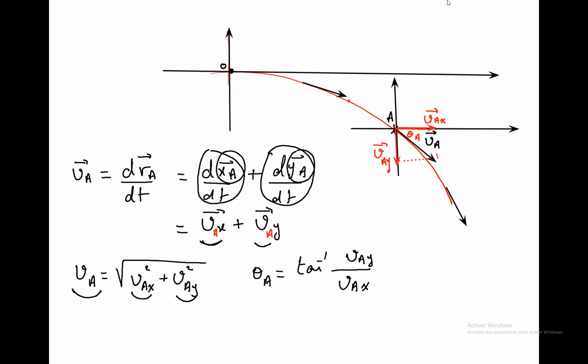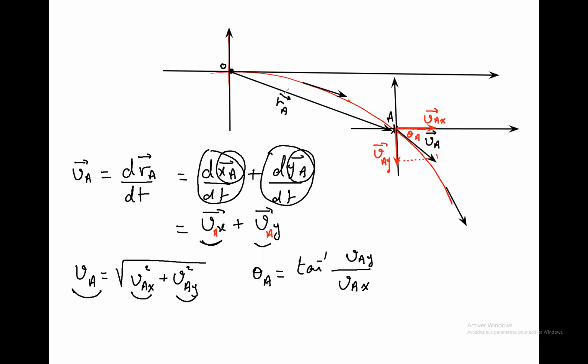Can we draw the position vector? Yes. The position vector from the origin to the point. We said that always this is the position vector from the origin to the point.